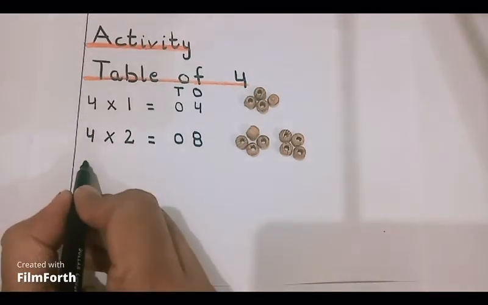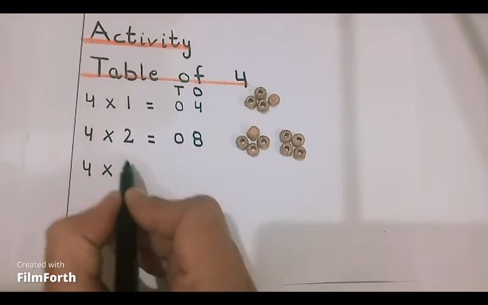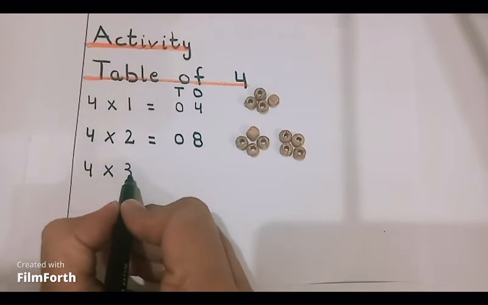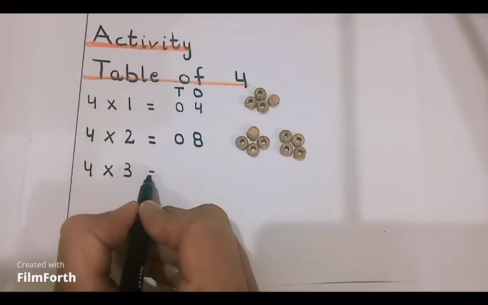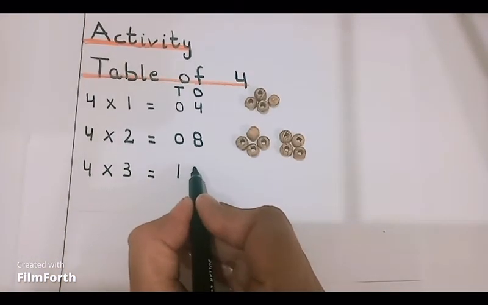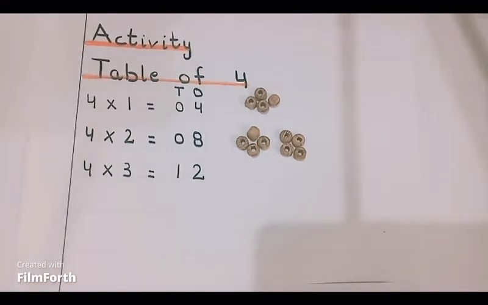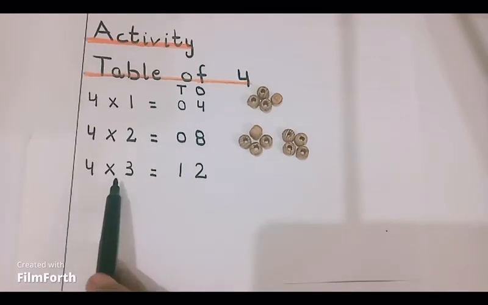4 threes are 12. How many sets of 4 are here?